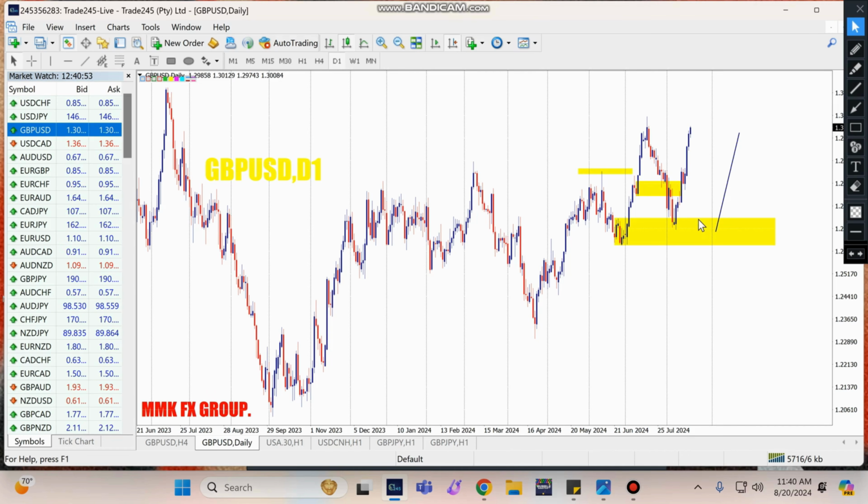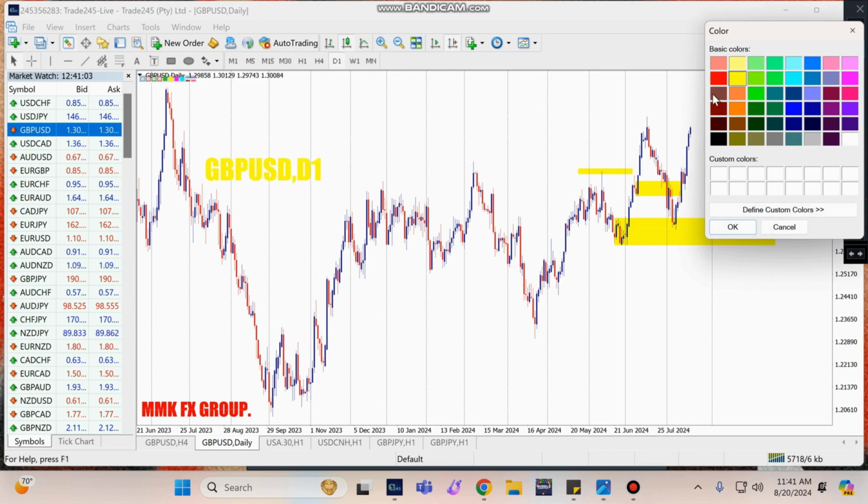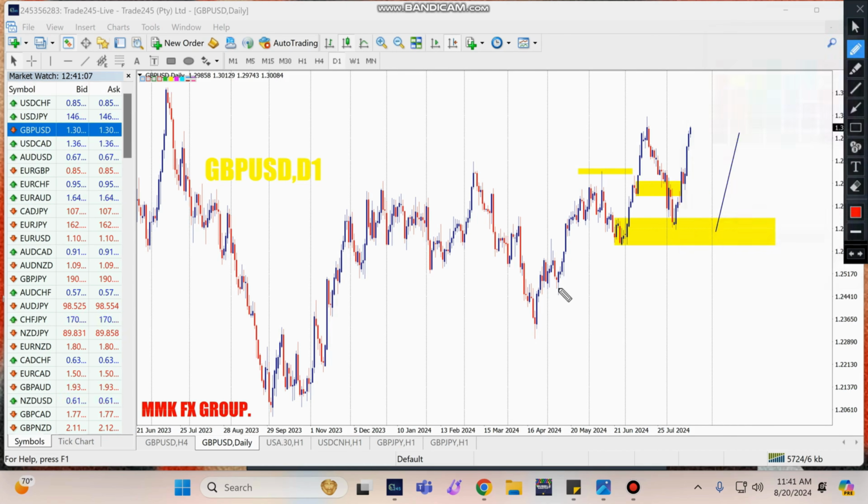One of my rules, if I'm looking to buy at a demand area, is this: if the market had been going down, let me try and change the color so you guys can see it better. So if the market had been going down, let's say this is our demand area, and the market is pushing down.